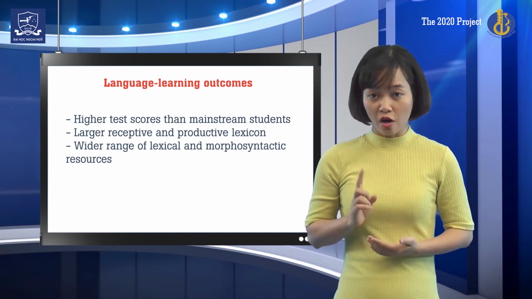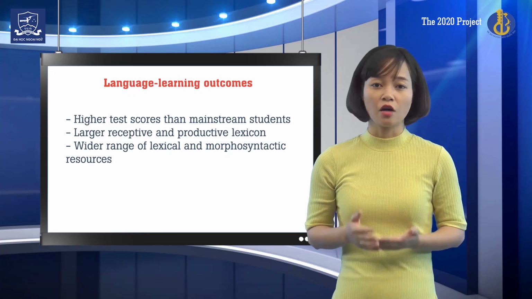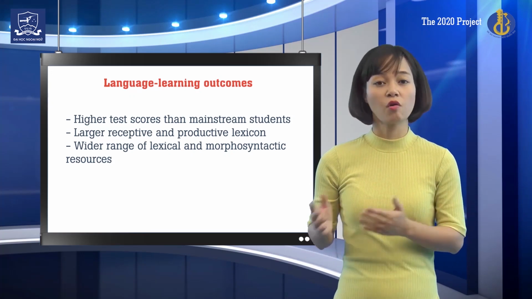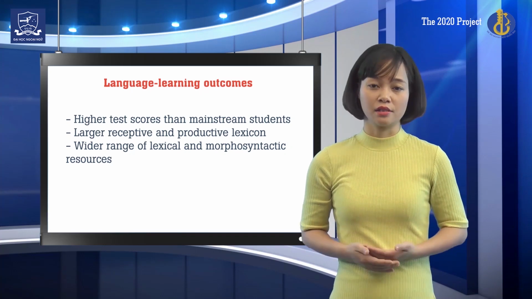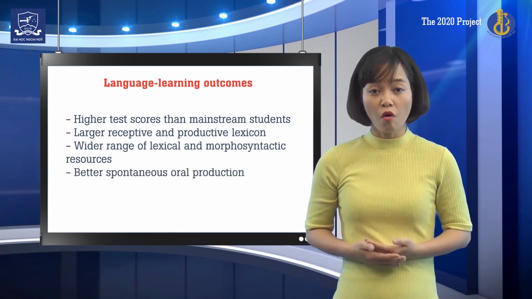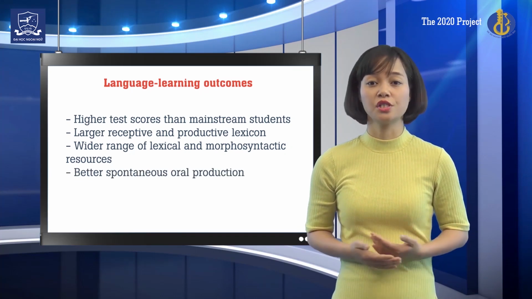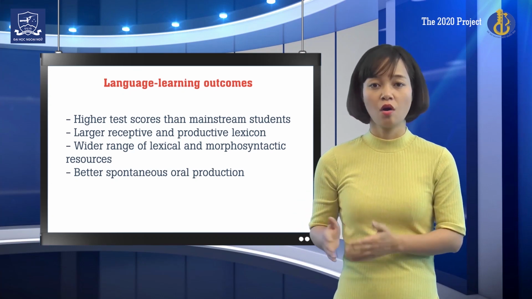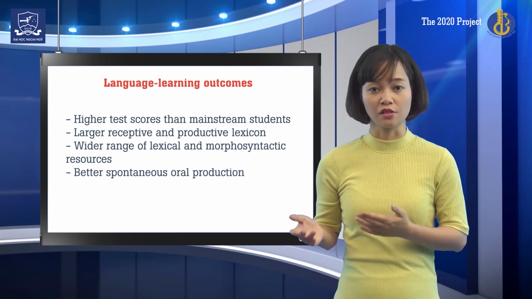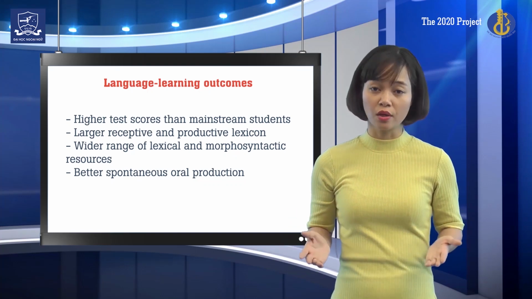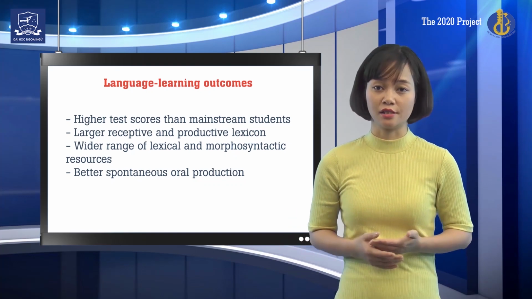However, it should be noted that differences are not identified beyond sentence level, such as cohesion and coherence. Regarding oral production, CLIL students tend to be ahead on all dimensions of their respective speaking constructs, with greater fluency and speaking confidence.